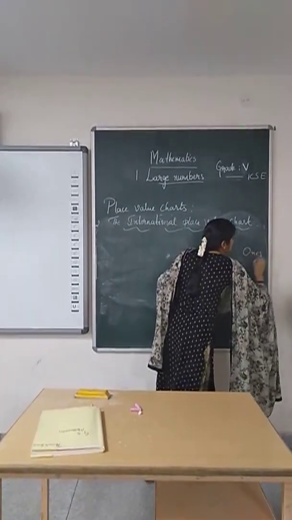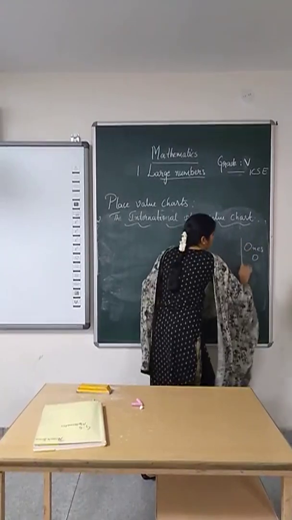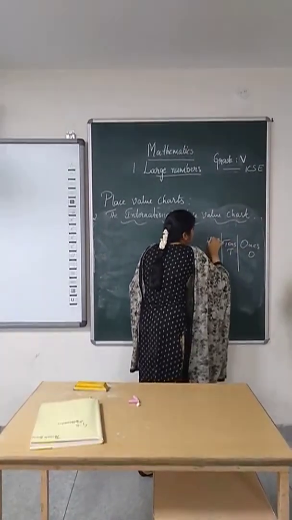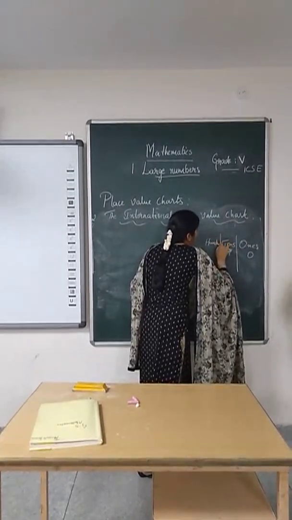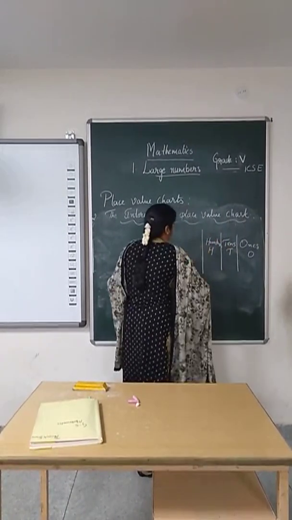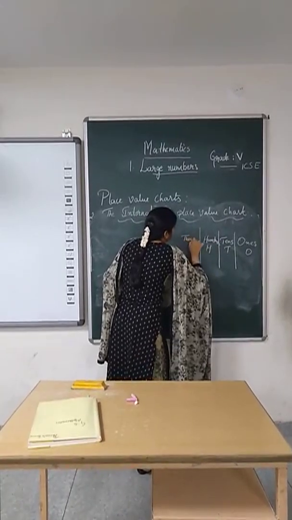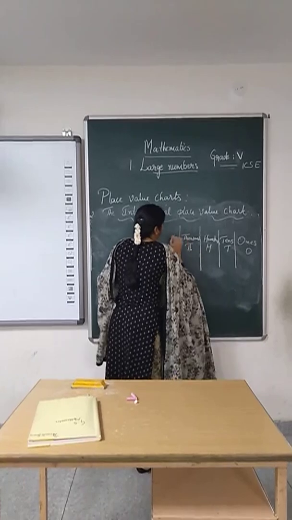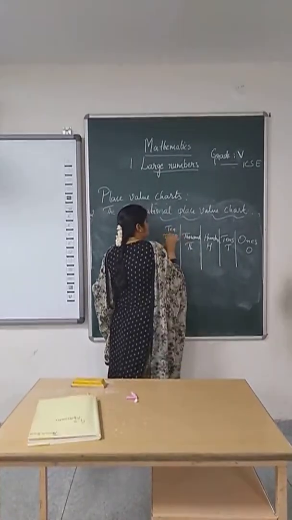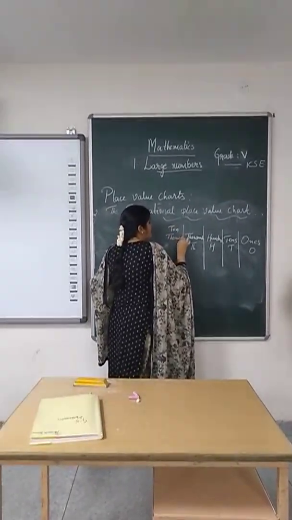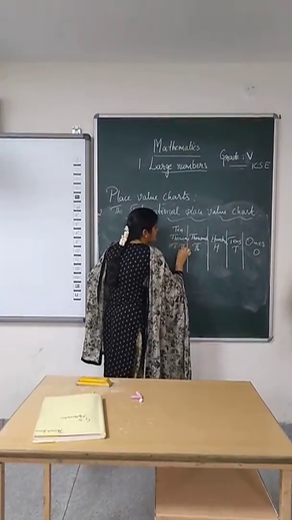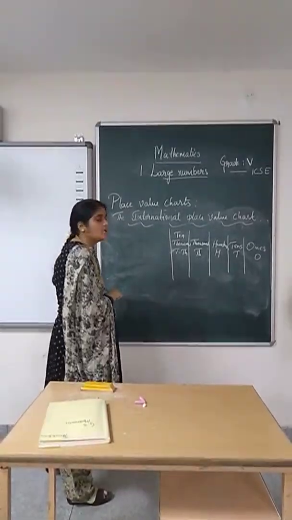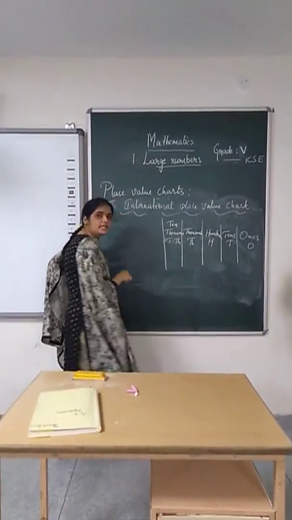See, ones, that is O, tens, capital T, hundreds, capital H, thousand, 10,000, that is T, TH. Till here it is similar with the Indian place value chart. From here on, it differs.